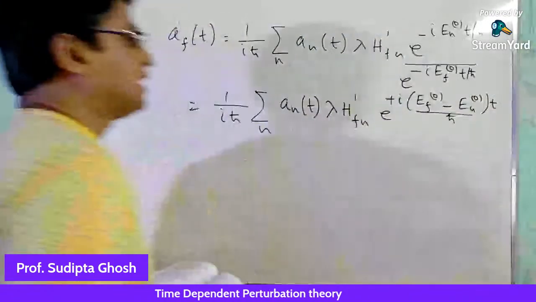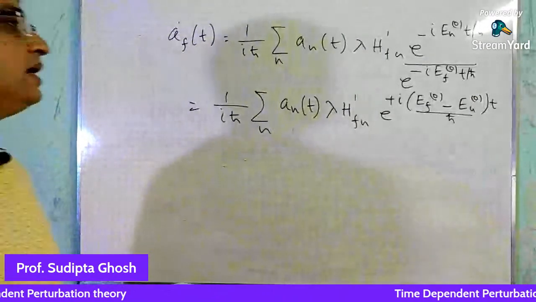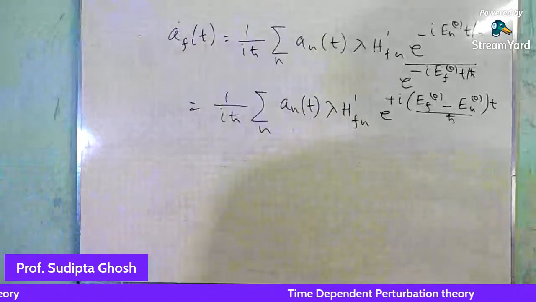So it can be written as e to the power i ef0 minus en0 t by h cut.